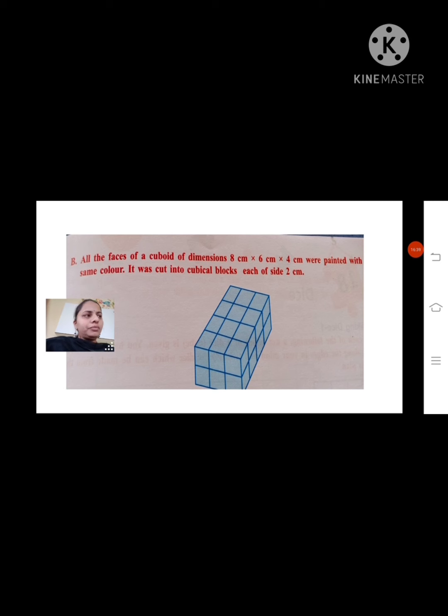So here we can see, students, each and every block is 2 centimeter. I know this is a little difficult to see, it is not clear, but you can understand when you see it in the book.